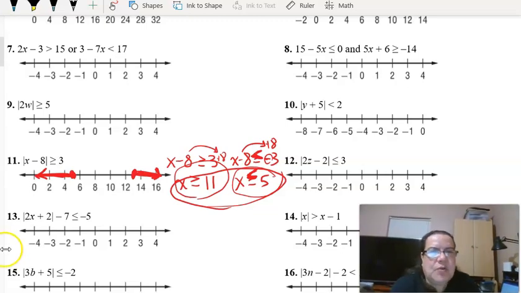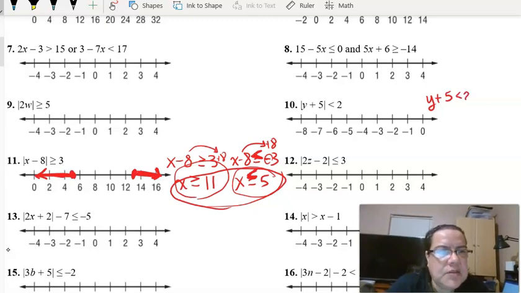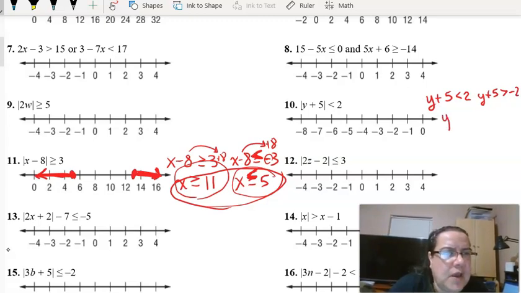All right, so let's do one more of these since these are a little bit trickier with the absolute value. So in this case, let's do number 10. We would have two situations where we've got the y plus 5 could be less than the 2, or the other situation where y plus 5 is, flip the sign, greater than negative 2. So let's go ahead and solve for both of these. So y is less than, I'm going to move the 5 this way, so it becomes a negative 5. 2 minus 5 is negative 3.